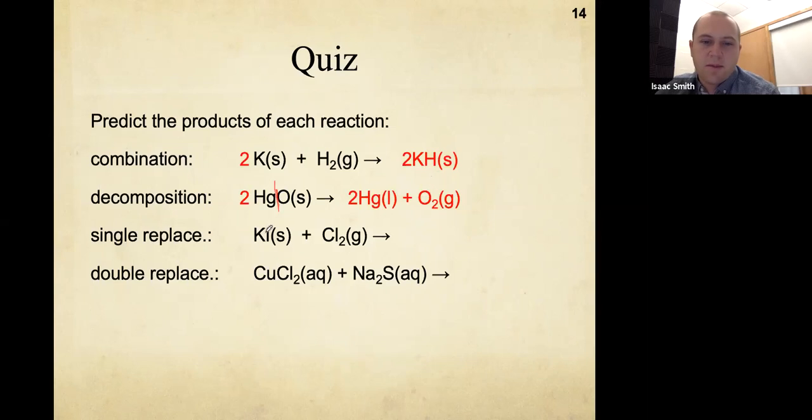So single replacement, I think the easiest way to look at these is like your potassium, right? This is a positively charged ion when it's on its own. The iodine is a negatively charged ion when it's on its own. And the chloride is a negatively charged ion when it's on its own. So that means that the negatively charged ones are going to switch, right?